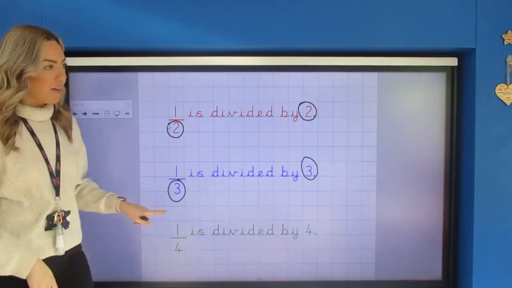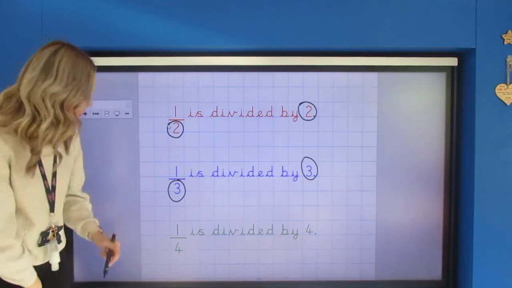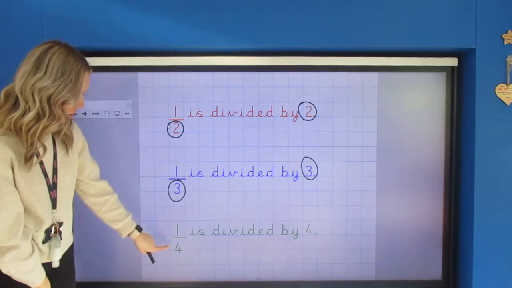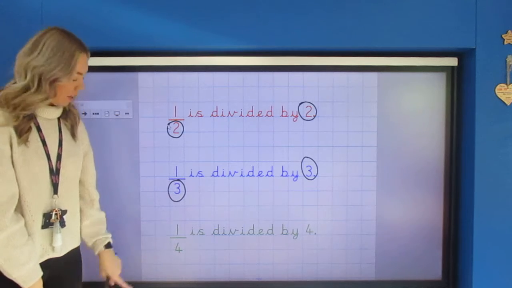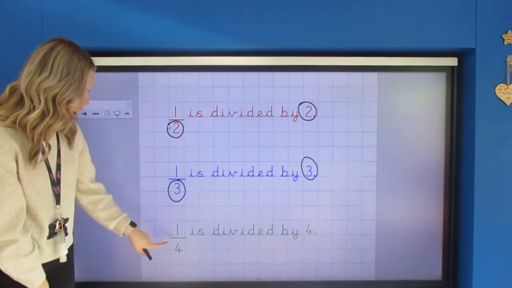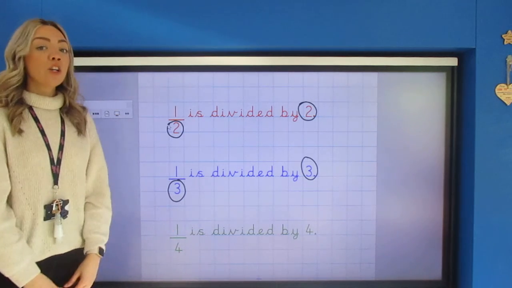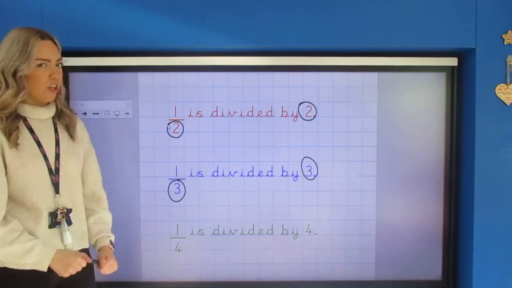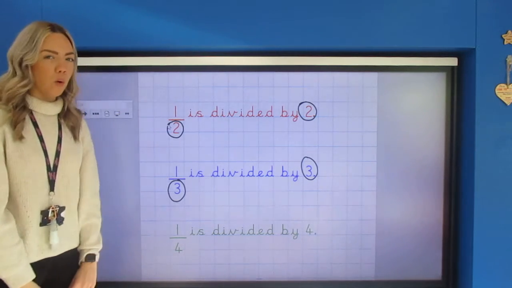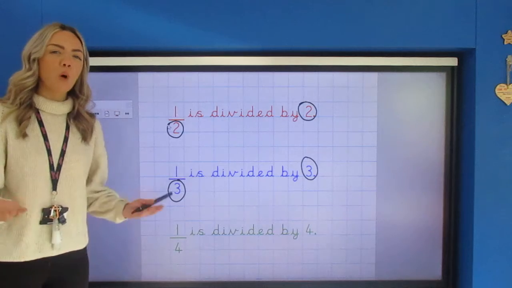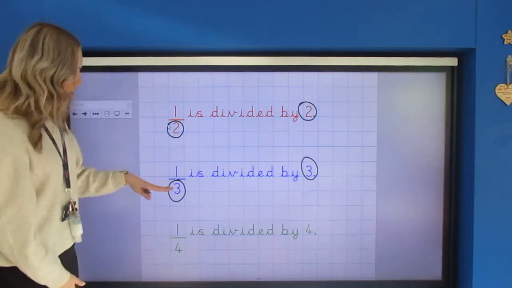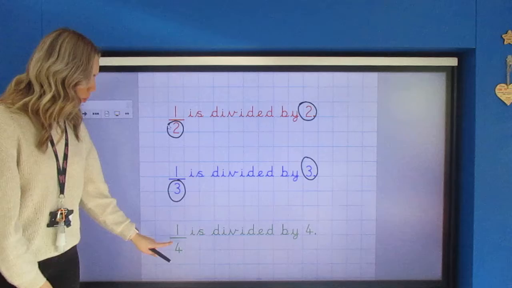Brilliant. And then the last one, a little bit of a tricky one. Can we remember what this fraction means here? It's a 1/4. So the numerator is the number 1 and the denominator is the number 4. Can we remember what we call that fraction? So we've got a half, we've got a third, and the 1/4.